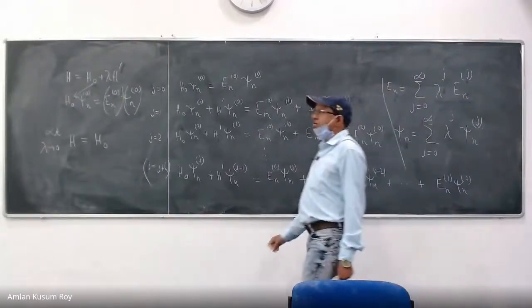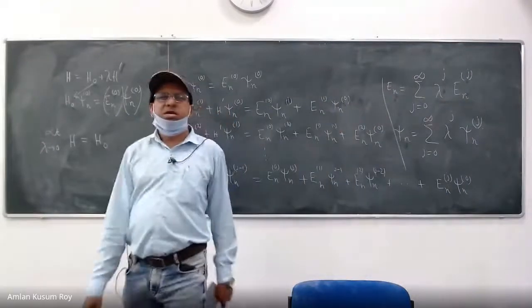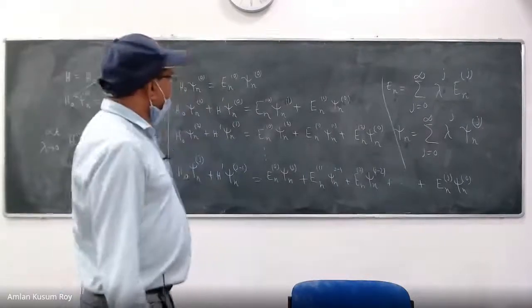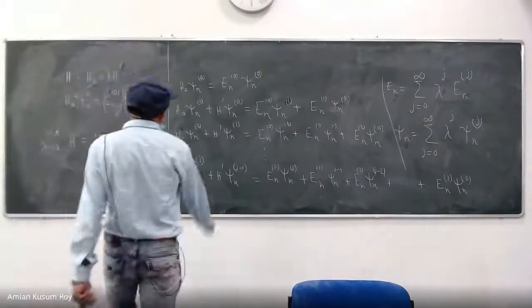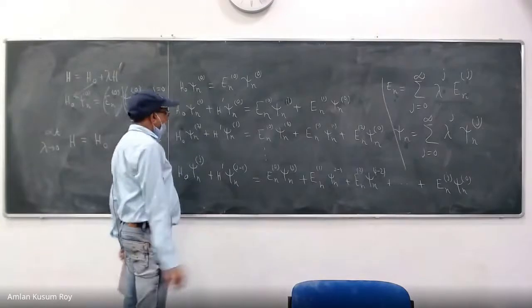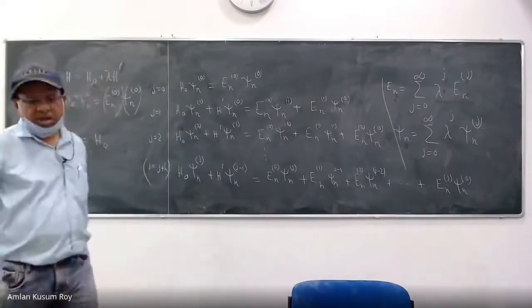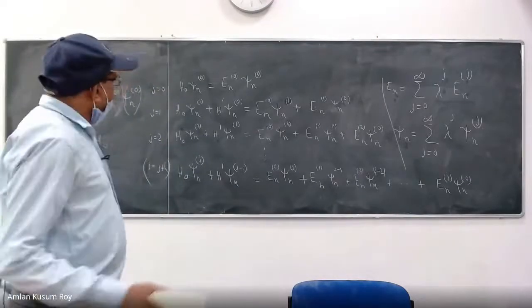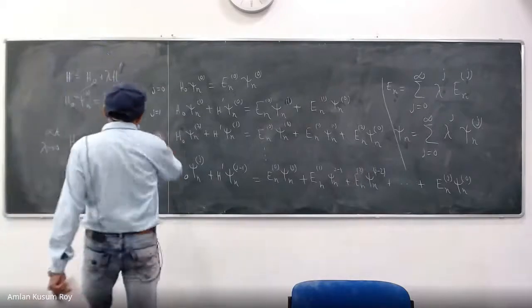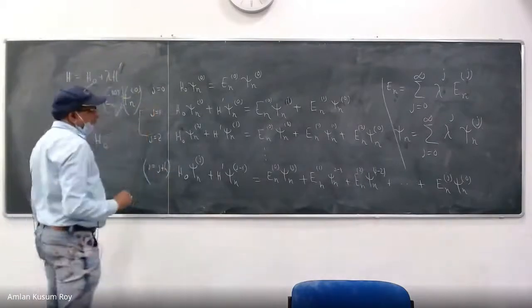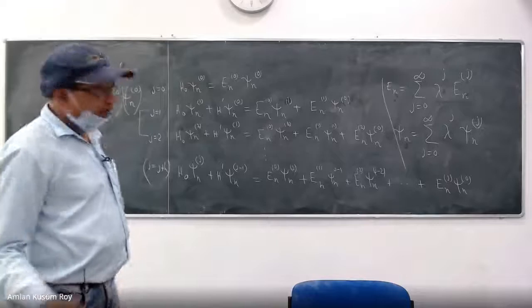So that is the pattern. From this you can write down the equations for the third order and every other order. We'll be mostly interested in these two equations in particular.